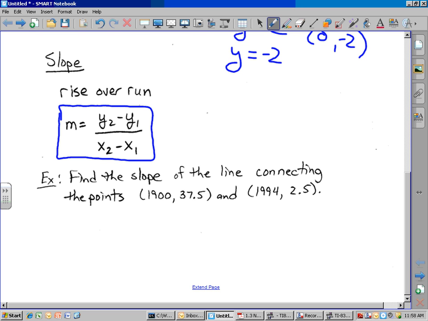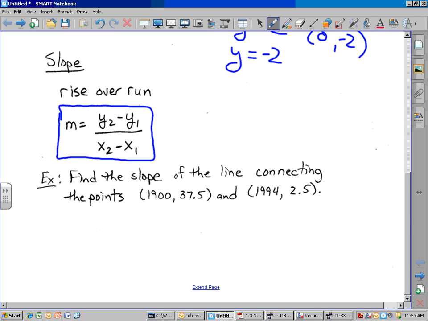Y sub 2 minus y sub 1. Y deals with verticals, right? Y-axis is your vertical axis, so that's basically figuring out your rise. X sub 2 minus x sub 1 is the difference between the horizontals, the x's. That's your run. So you got your rise over your run.